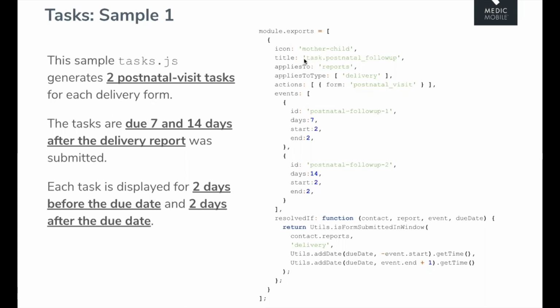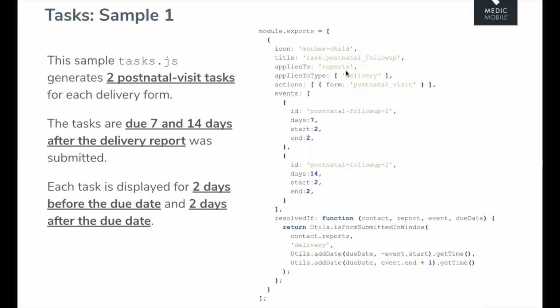The title here shows the translation key, which is task.postnatal follow-up. And in your properties file, you could have task.postnatal follow-up is equal to postnatal follow-up. So that would then substitute this translation key with the human readable postnatal follow-up title.